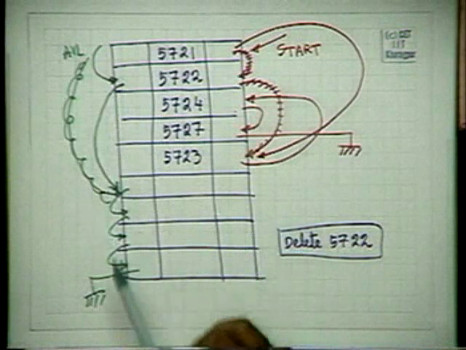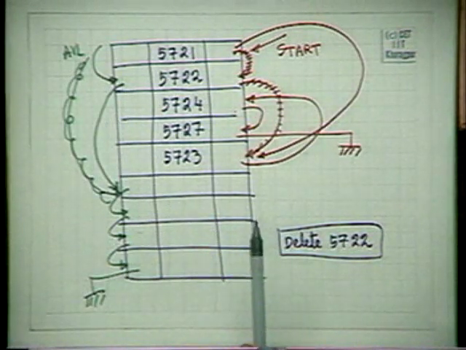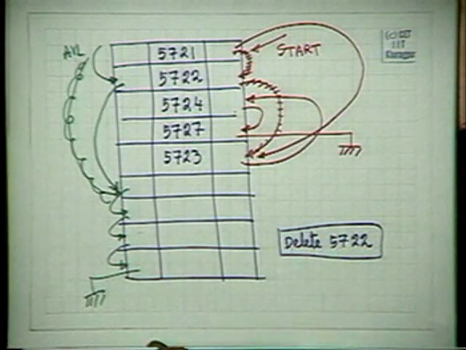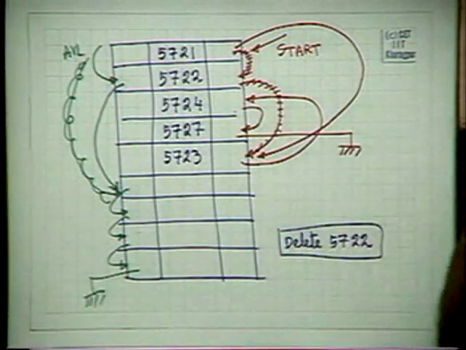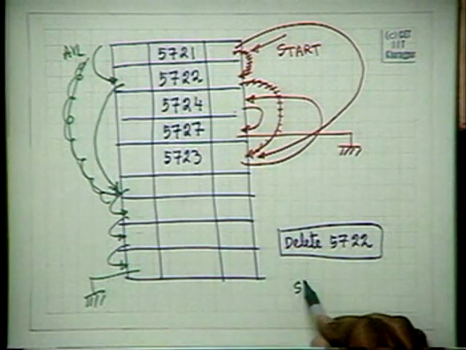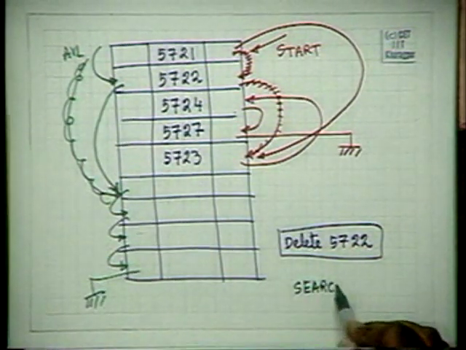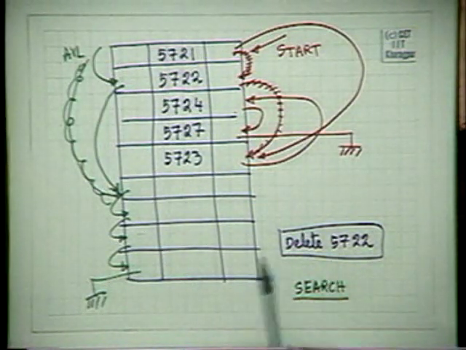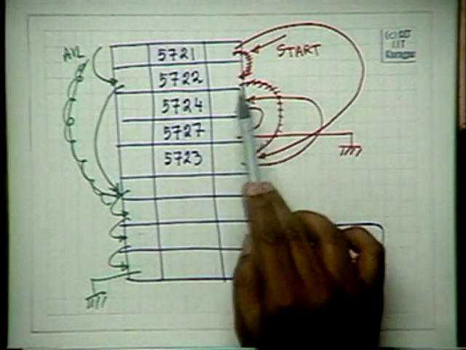So at this point in time, our insertion algorithm, the first thing we have to do is have the find or the search algorithm. The search will now not be a pure binary search algorithm. It will get the block and then move along these pointers.